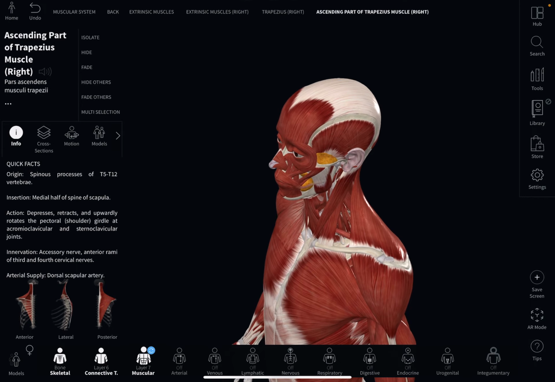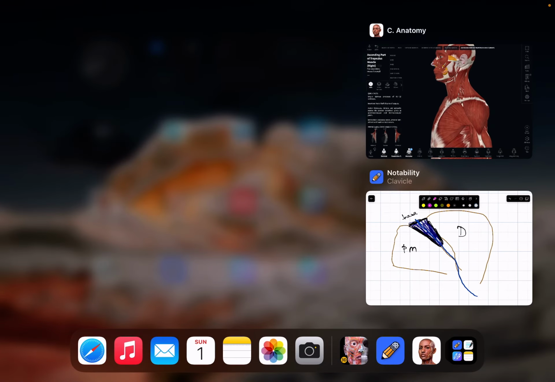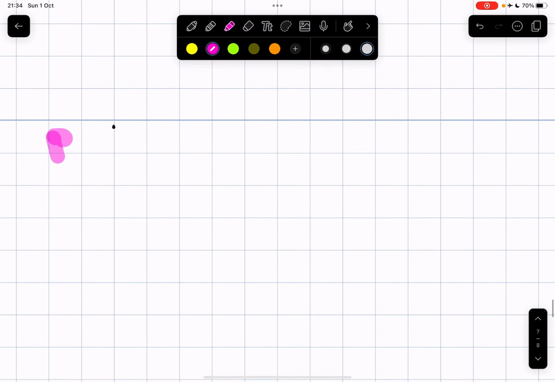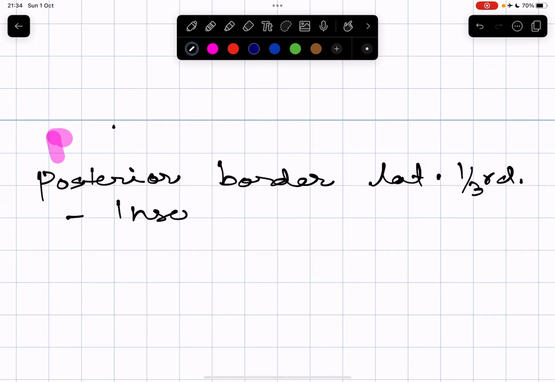So the posterior border of the lateral one third gives insertion to the fibers of trapezius muscle.